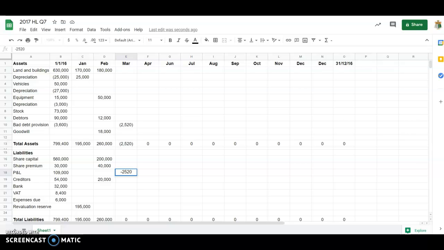So you would take that away from your profit and loss account. Okay, and you'll see there, you're taking 2,520 from assets, you're taking 2,520 from liabilities. So you're balanced there. All right, so that's the laying out the assets and liabilities at the start, and January, February, and March's transactions done. I will leave this here and do the next few months in the next video.